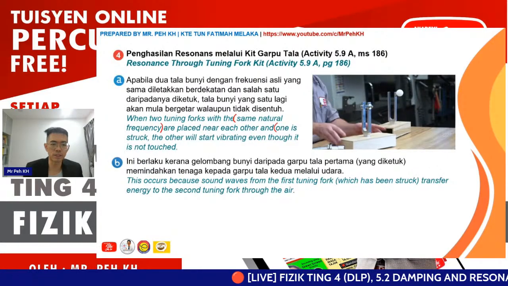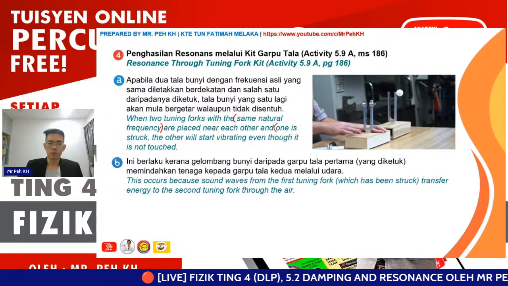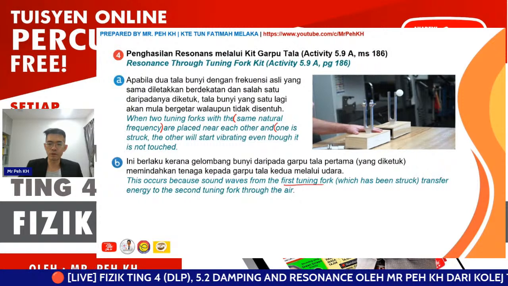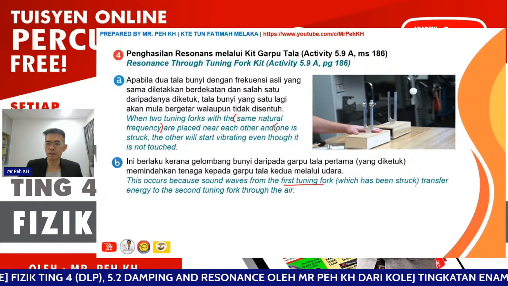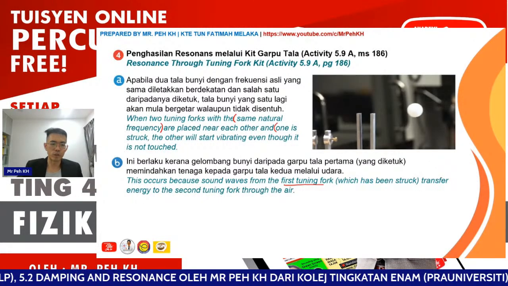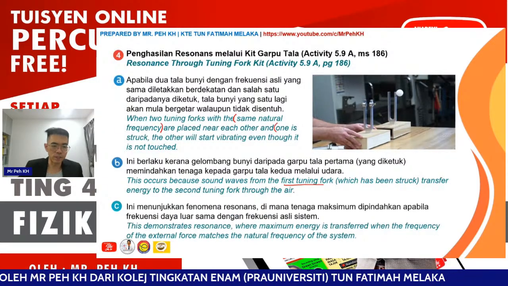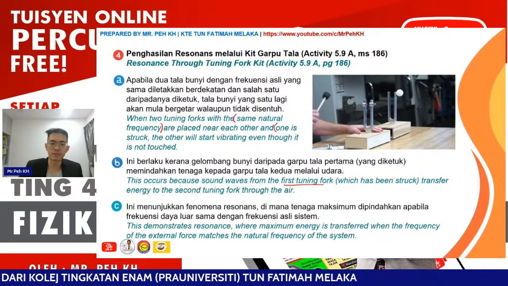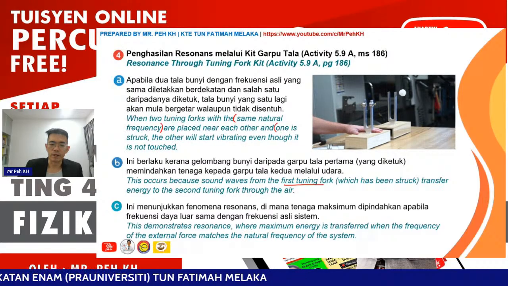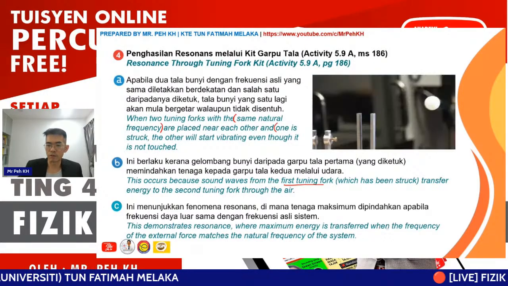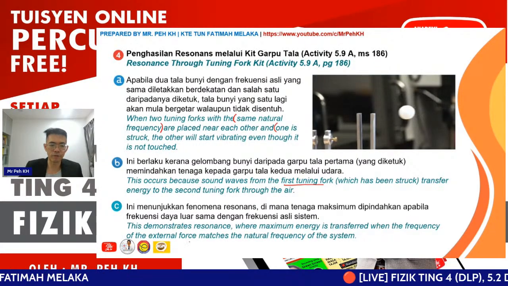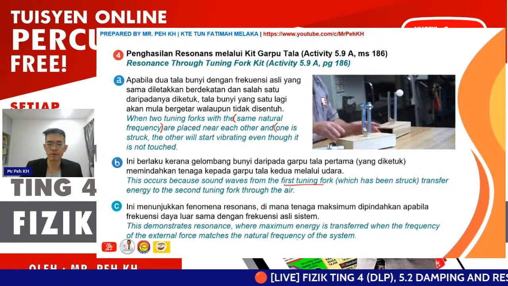Okay, so this occurs because sound waves from the first tuning fork, which has been struck, transfer energy to the second tuning fork through the air. This demonstrates resonance, where maximum energy is transferred when the frequency of the external force matches the natural frequency of the system.